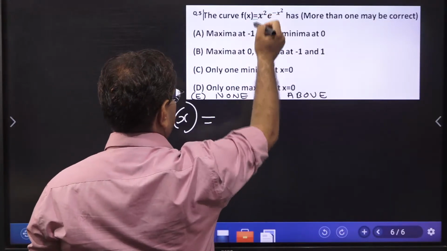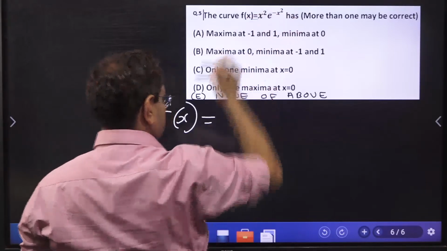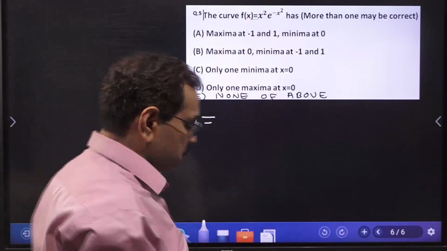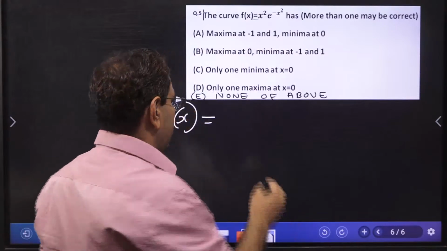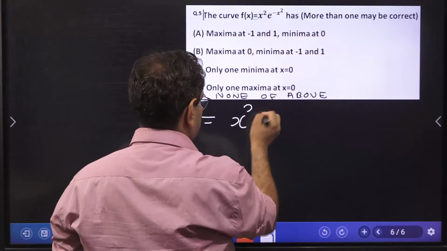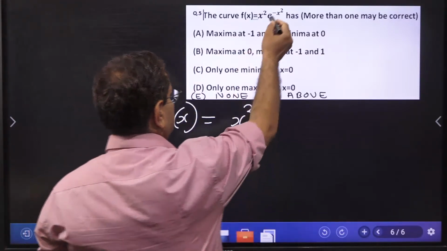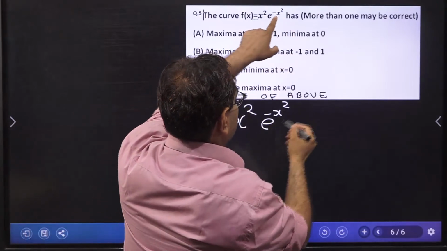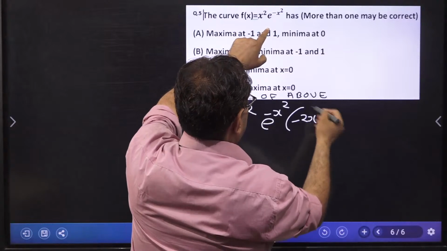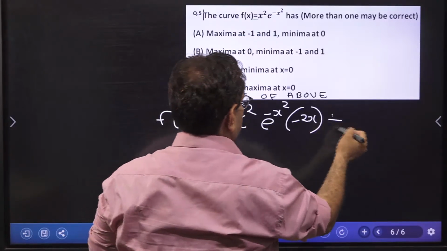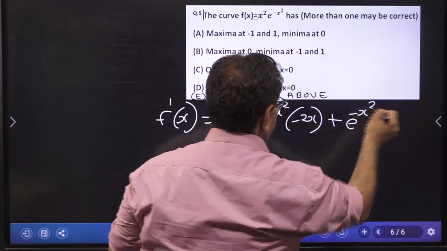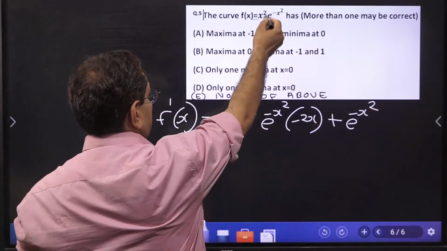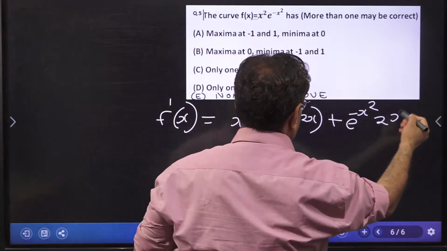One is x square, another is e to the power minus x square. So we need to use the product rule. Okay. So first function, that is x square, multiplied by derivative of the second, so e to the power minus x square, and derivative of minus x square is minus 2x, plus e to the power minus x square multiplied by derivative of x square, that is 2x.